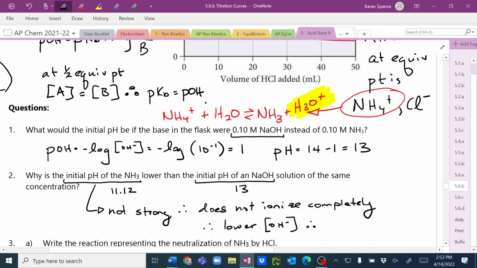Therefore, lower OH, therefore higher pOH, therefore lower pH. Excellent. Okay.